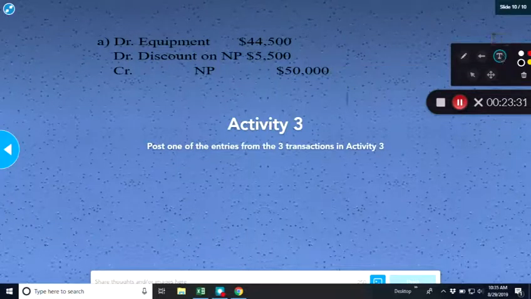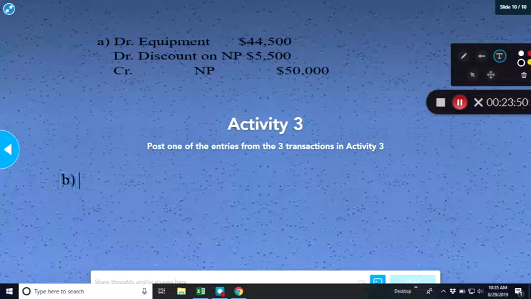In B, we had the equipment in exchange for the stock.